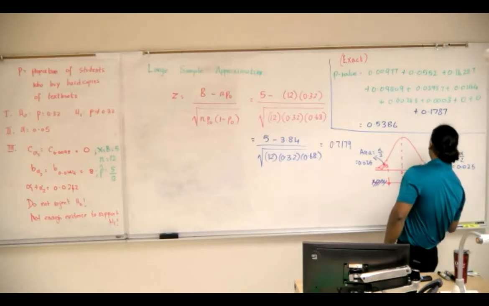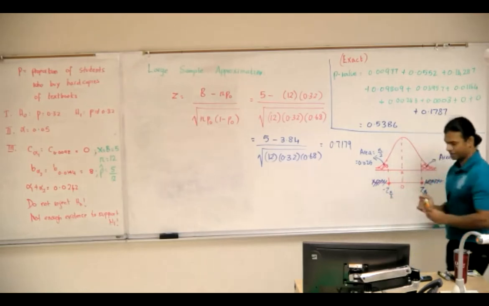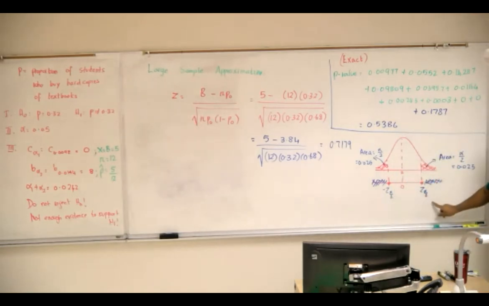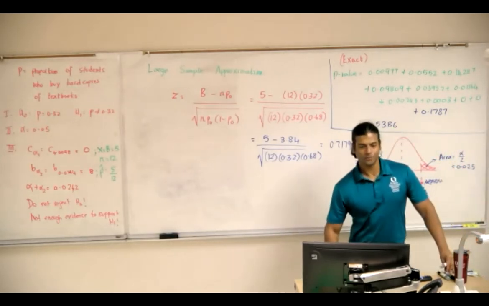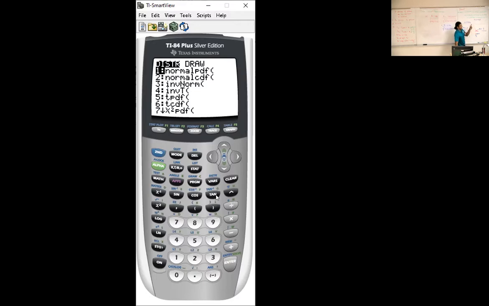So the notation is just z sub alpha over 2. How did we find this value last time? Do we recall? Second mode, second box will give us that list, and we have to pick inverse norm so that we could find a critical value, and we should always enter the area below.